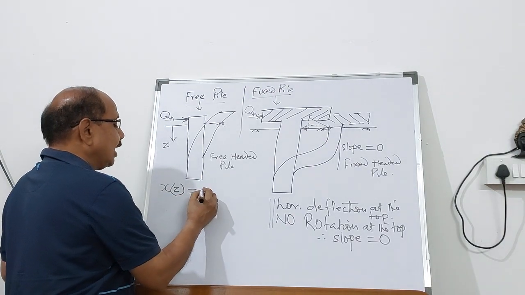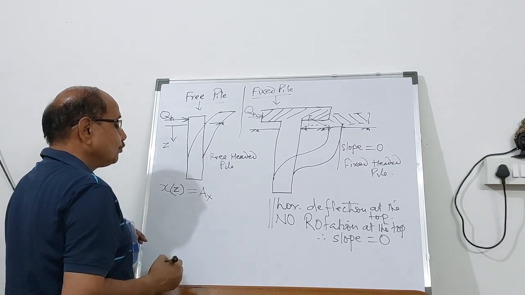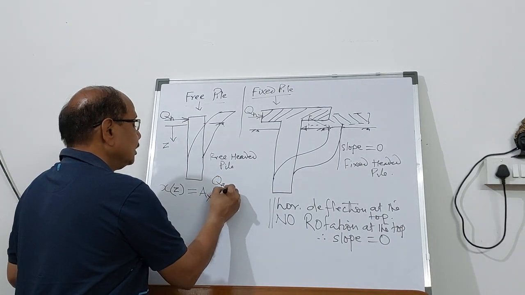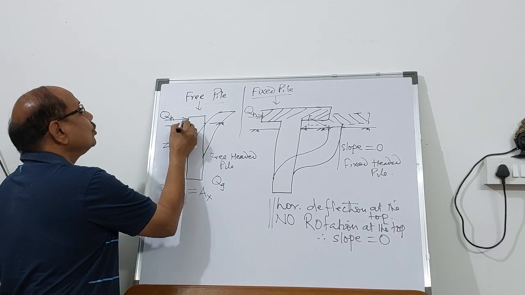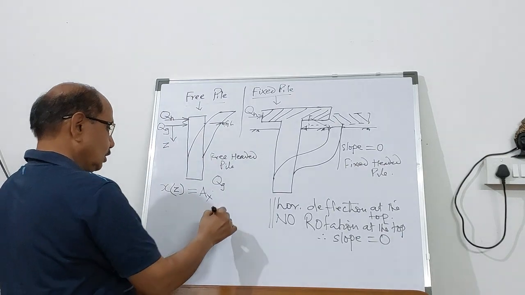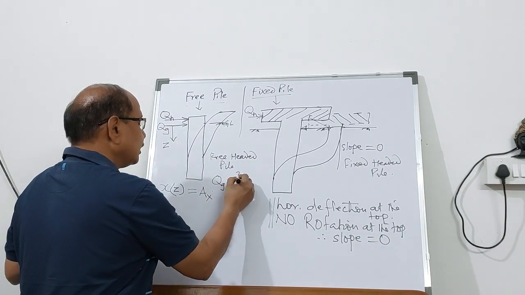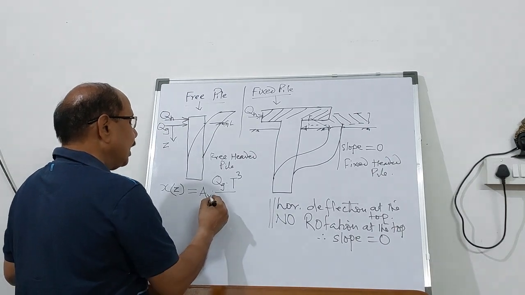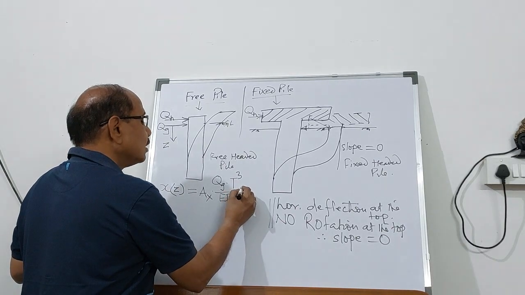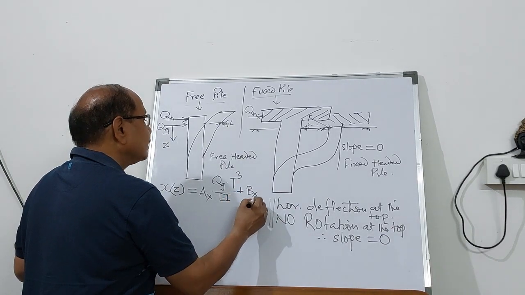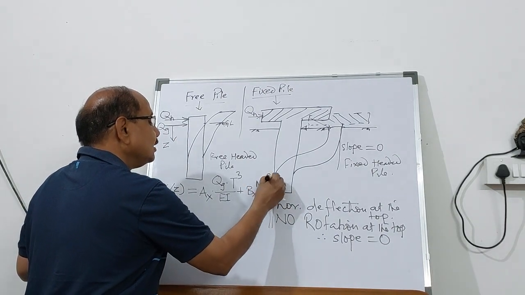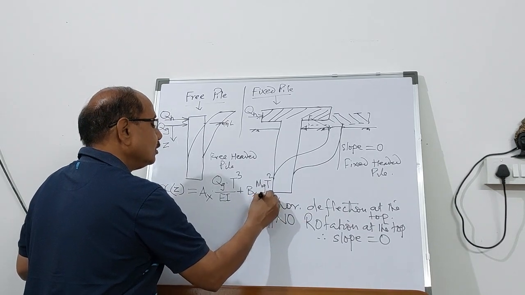The deflection is given by a deflection coefficient Ax into Qg, where Qg is the horizontal force that is acting at the GL, ground level, into T cubed, the relative stiffness factor, divided by EI of the pile material, plus Bx into Mg T square upon EI.